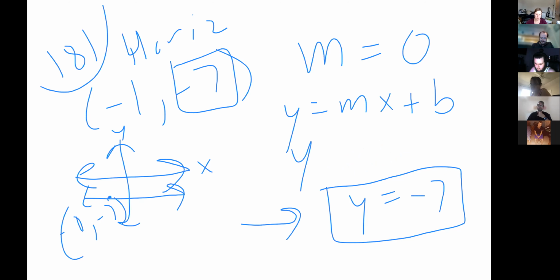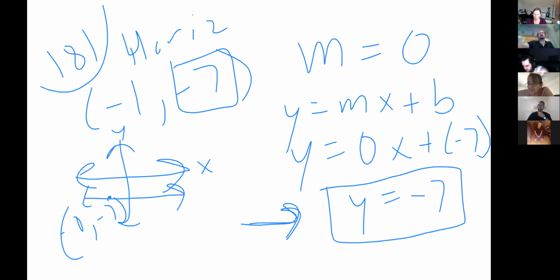It's got a few things missing because we have a 0 slope. But when we clean it up, it absolutely looks like this. That is in slope-intercept form, sorry. Okay, thank you.